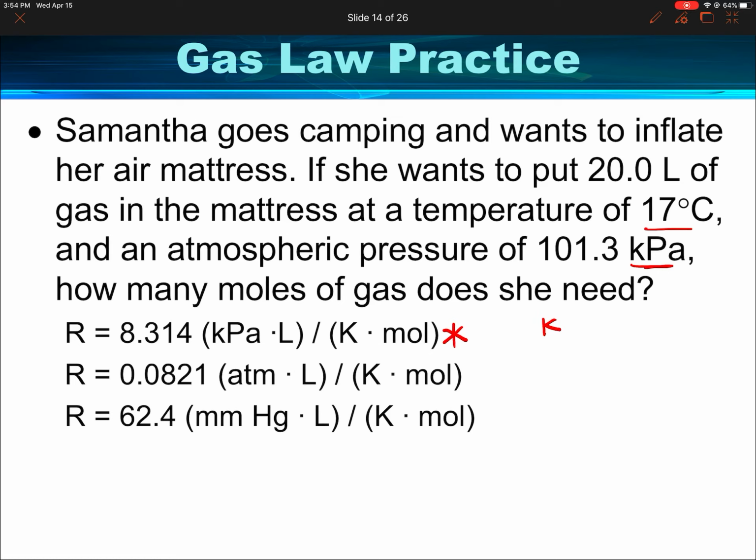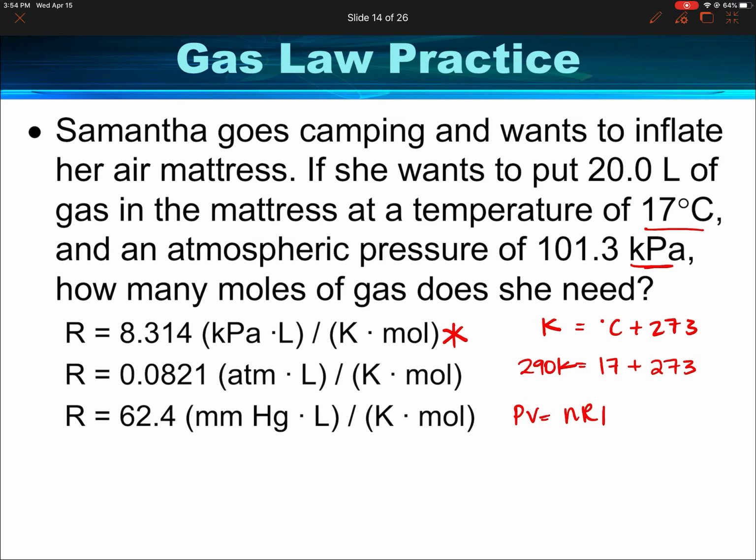The other thing that I need is my temperature in Kelvin. Kelvin is degrees C plus 273, okay. So 17 plus 273 is going to be 290.